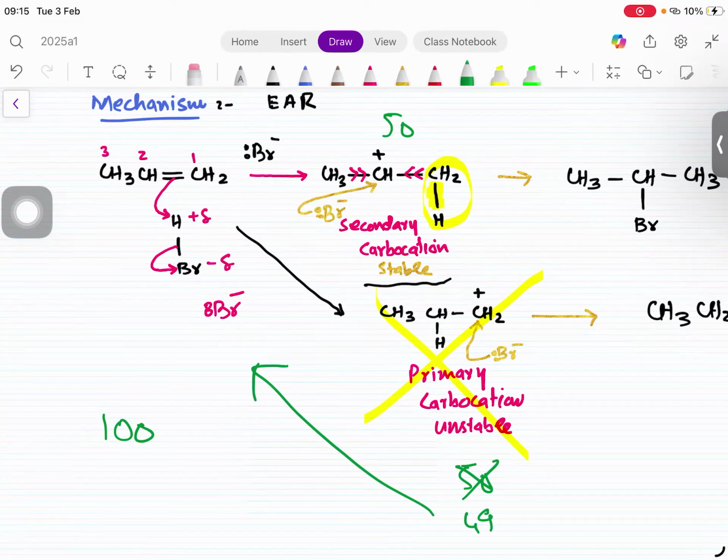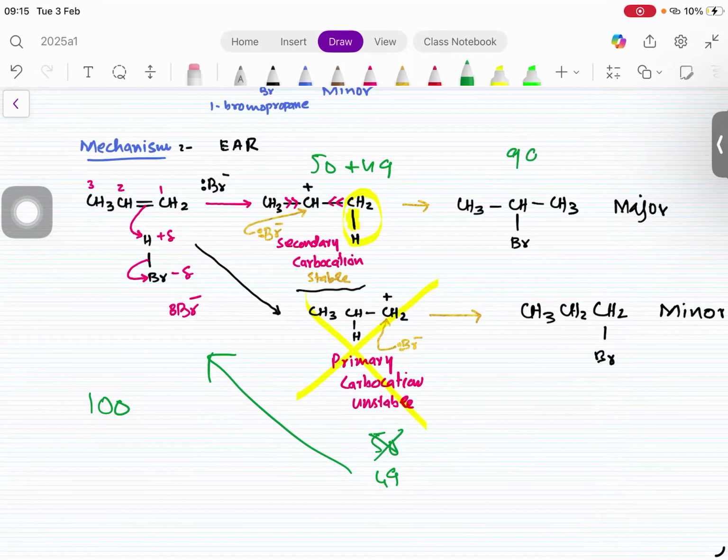The other 49 went back to their original form because they could not survive. Those 49 then take which route? The major one, right? So those 49 again turn into this secondary carbocation. So what is the total number here now? 99. One odd one is still able to survive, so that can attract Br negative.